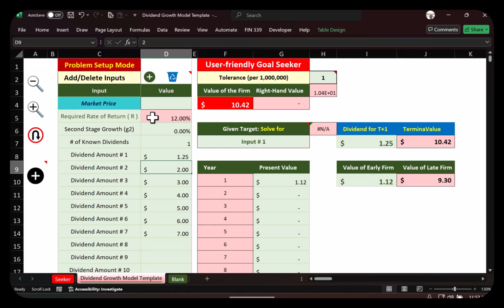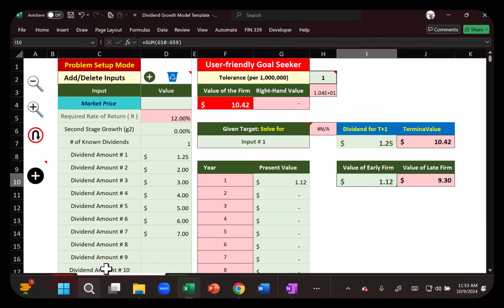Technically speaking, I didn't have to divide this into early and late, but this basically says value of that first dividend is 112, and value of all the 125 dividends you're going to get after that is 930. Add them up, you get 1042.